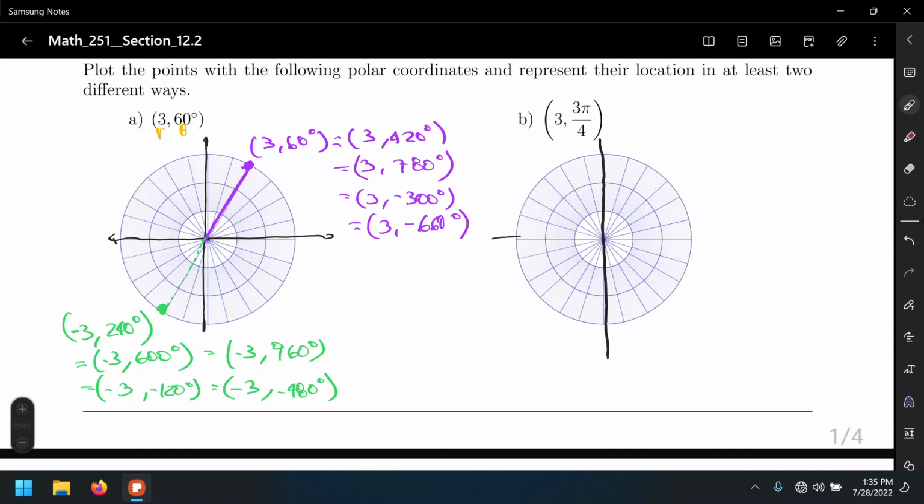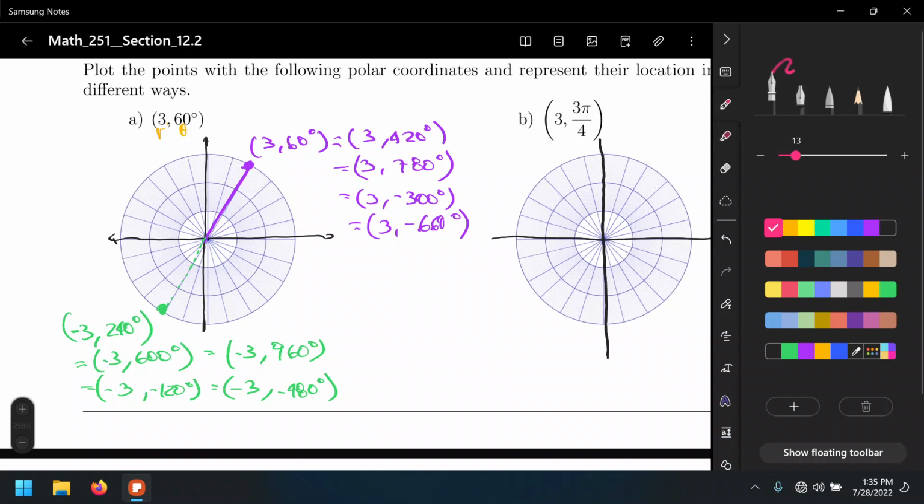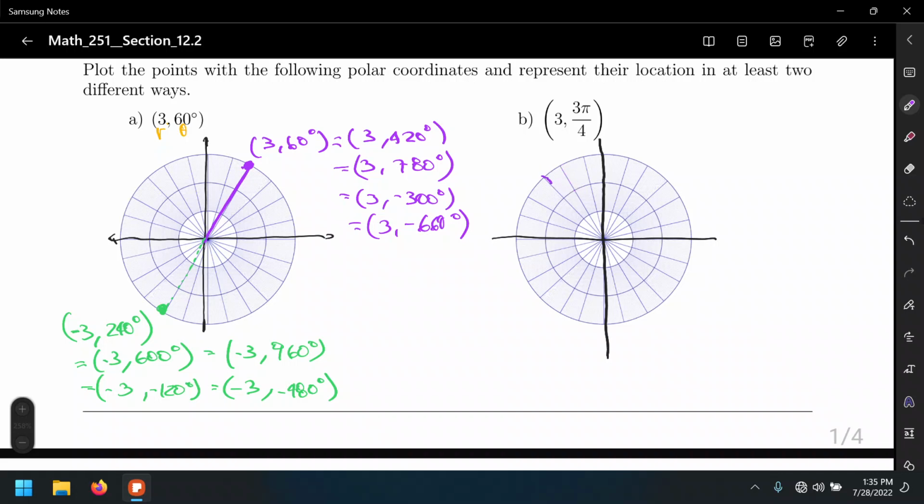Well, 3 pi over 4 is located here. And I'm just going to write the equivalent versions here.